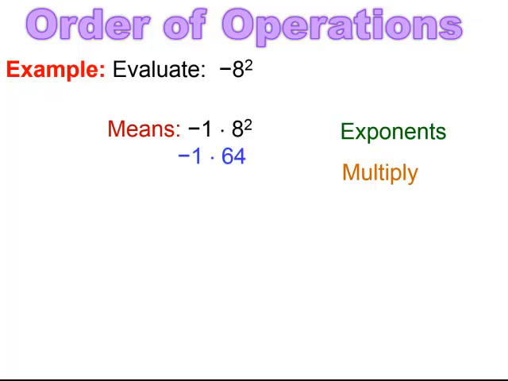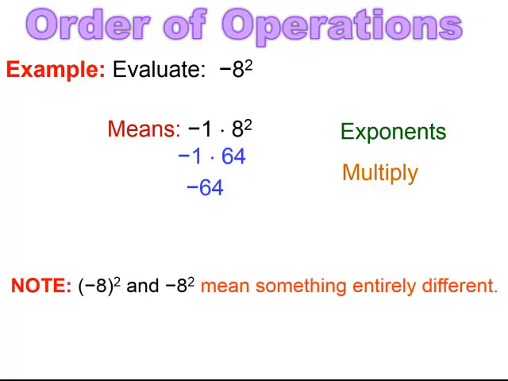So we end up with a -64 when there's no parentheses around the number. Be really careful noticing the difference between when there's a parentheses and an exponent and when there's no parentheses and exponent. They mean two different things. So it's very important to make sure that you're using order of operations for even small evaluation processes like this.